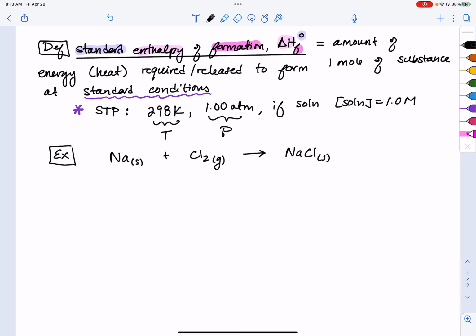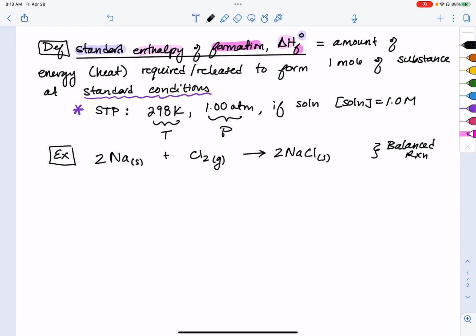Now if you and I were to balance this, like this is our typical balanced reaction, then we would see that we've got 2 chlorines here on the left, meaning we need 2 on the right, so we would have to double the sodium chloride, in turn requiring us to double the sodium.